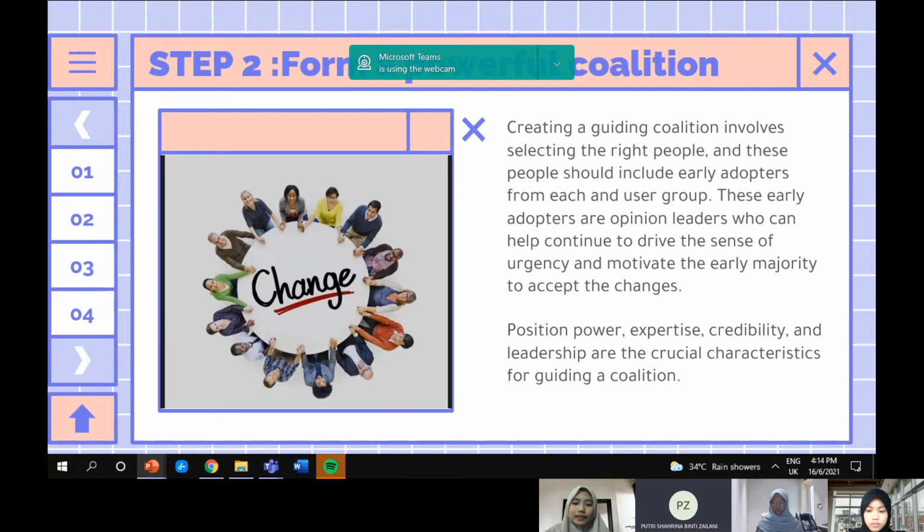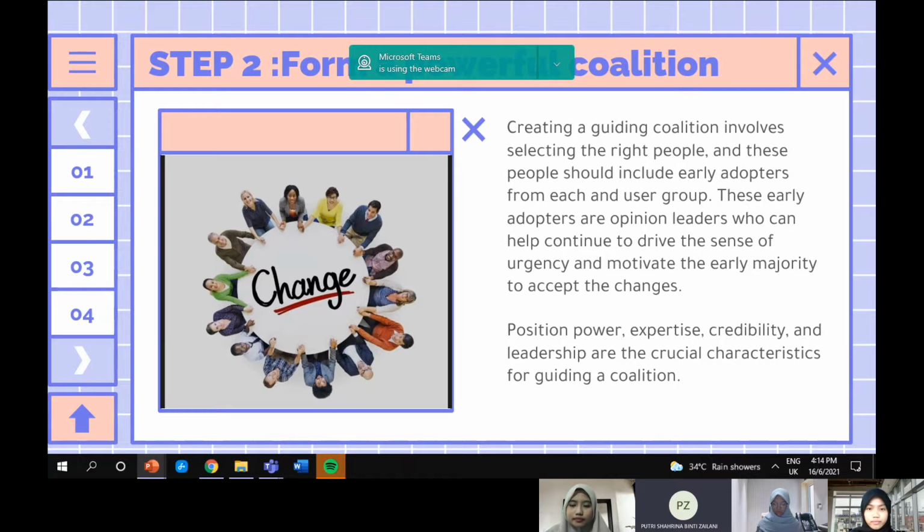These early adopters are opinion leaders who can help continue to drive the sense of urgency and motivate the early majority to accept the changes. Position, power, expertise, credibility, and leadership are the crucial characteristics for a guiding coalition.